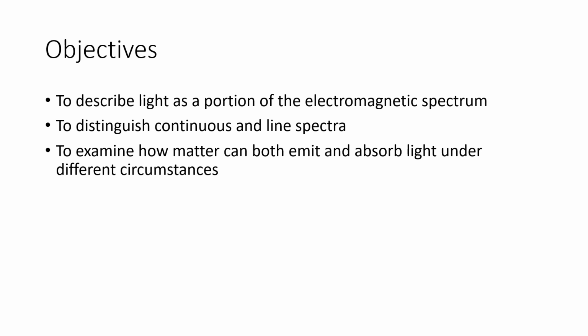And then a sample of matter under one set of conditions might emit light in a certain line spectrum, but under a different set of conditions it might absorb light, and the colors which it either emits or absorbs will be the same because they are due to the arrangement of the electrons in that sample.